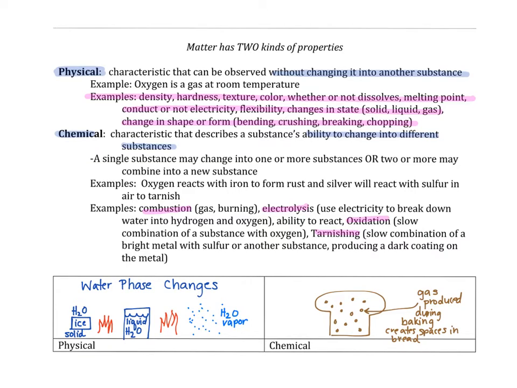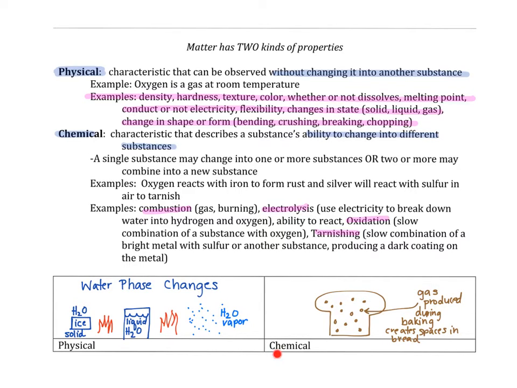It's still made of 2 hydrogen and 1 oxygen. And let's say I keep heating up that water. That's fire, by the way. And I get it to the place where it has now changed into its gas form or water vapor. What you'll notice here is that it's still H2O. It hasn't actually changed into a new substance.